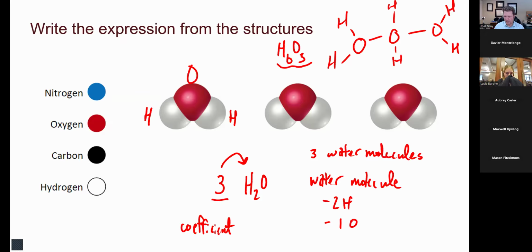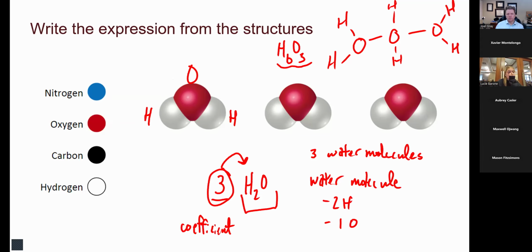Could everyone give me a Y in the chat if you understand the difference between 3H2O and H6O3, and an M in the chat if, wait a minute. The three we use as a coefficient to indicate there are this many of this molecule.